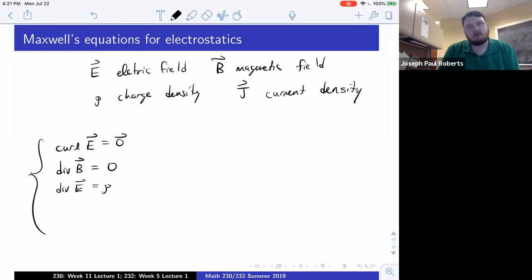So there should be some nonsense like 4 pi epsilon naught, where epsilon naught is the electric permittivity of space. I've changed units. These aren't meters and kilograms anymore. I've made it so that all those messy constants are now equal to 1 when you combine them together with the units. So yeah, the divergence of the electric field is the charge density, and the curl of the magnetic field is the current density.